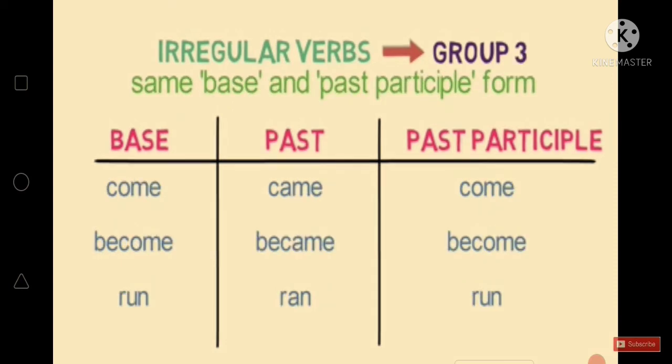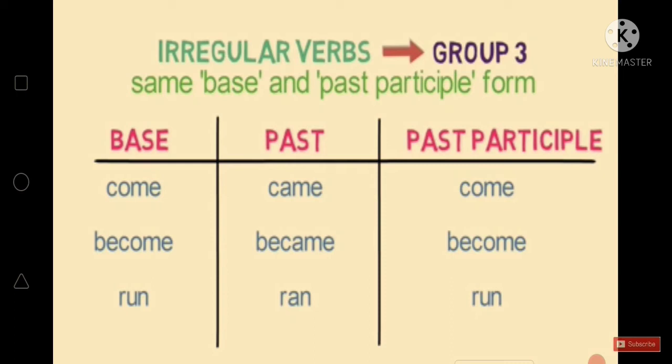And in group 3, in some of the irregular verbs we find the same base and past participle forms. For the base form of the verb come, in past it is came. Then the past participle is again the same as the base form.